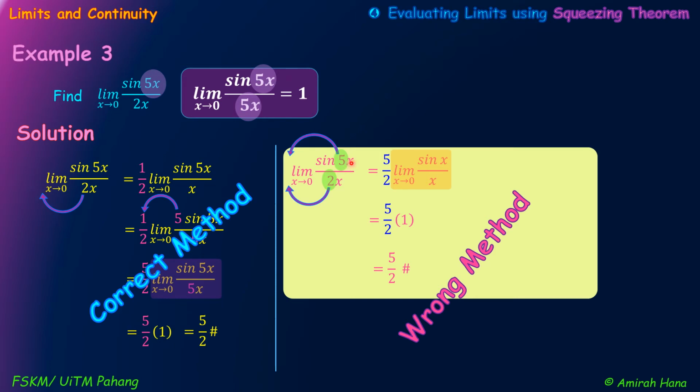This is correct: limit x approaches 0 of sine x over x equals 1. But the first step is totally wrong, because in this technique, they move out constant 5 from the angle of sine. So, this is a big mistake. Please be careful.